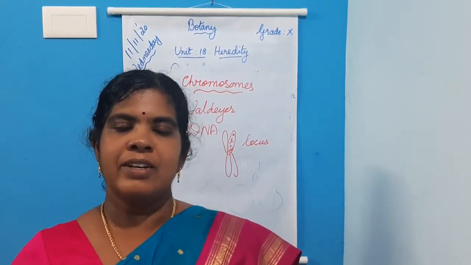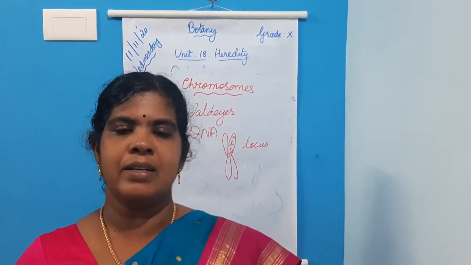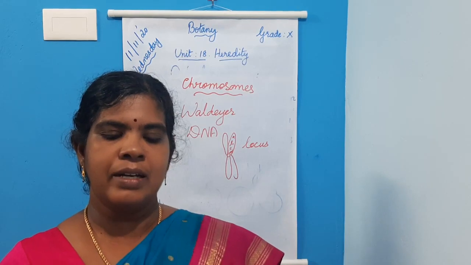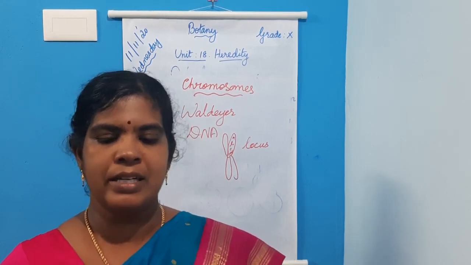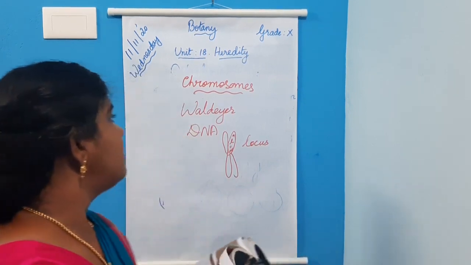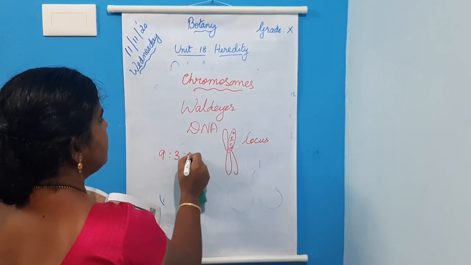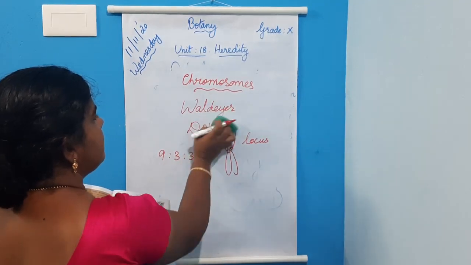So the given statement is false. You have to write false and underline 3:1, and instead of 3:1, you have to write 9:3:3:1.